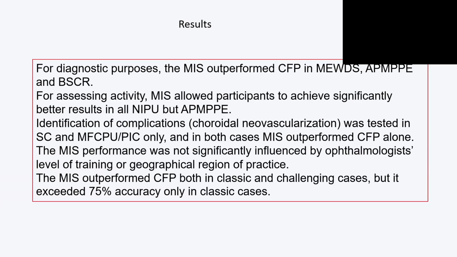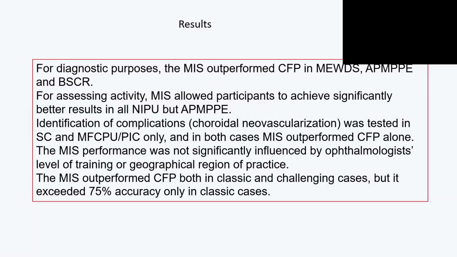And identification of complications was tested in serpiginous, multifocal, and PIC only because MUDES doesn't have these complications, and the minimal imaging set outperformed. In simple words, if you are looking for CNV, you can't diagnose it on a color photo, you need OCT, angio.